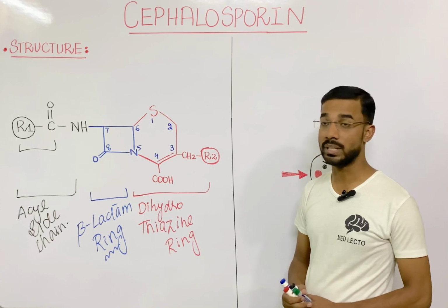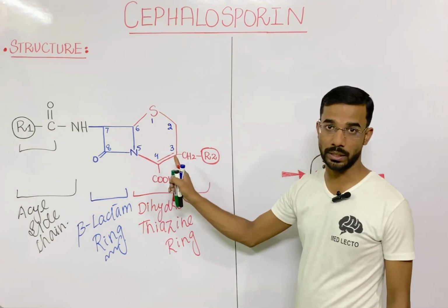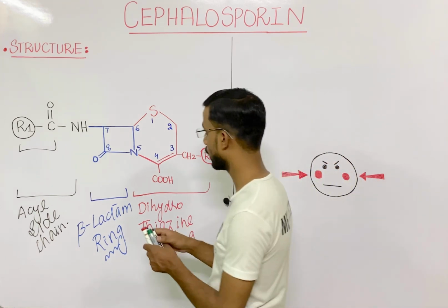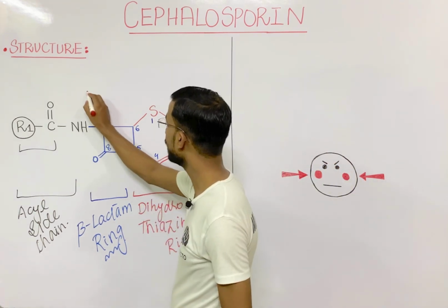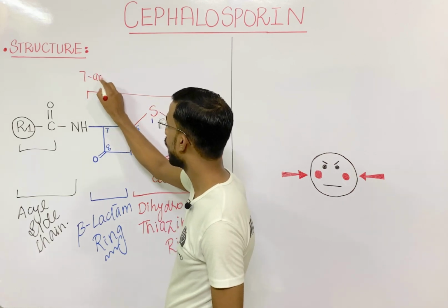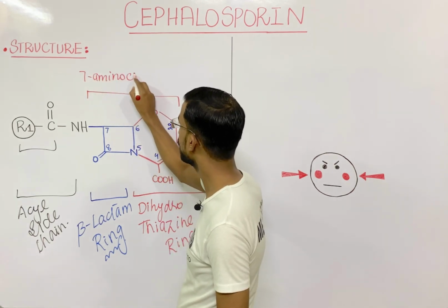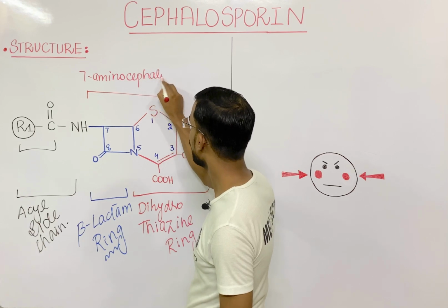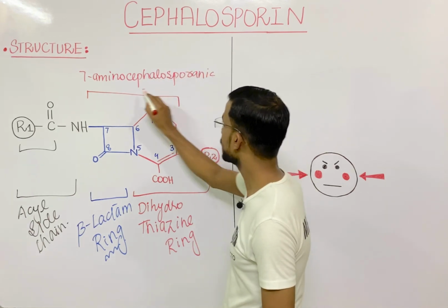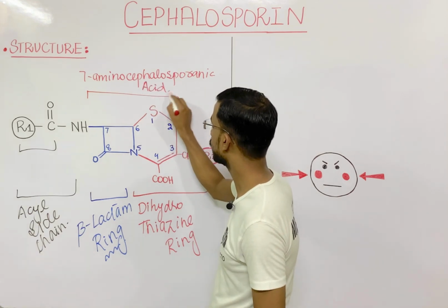We can give the combined name to both rings as 7-amino cephalosporinic acid nucleus.